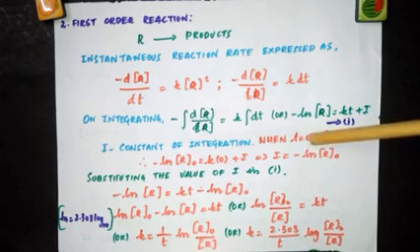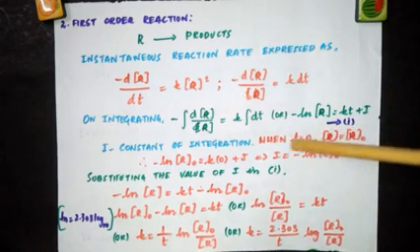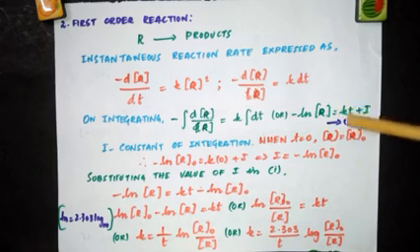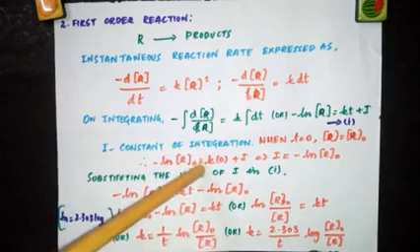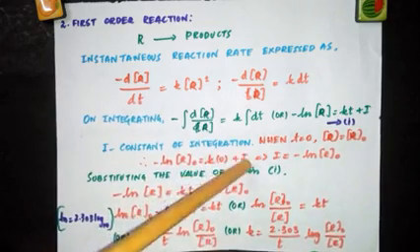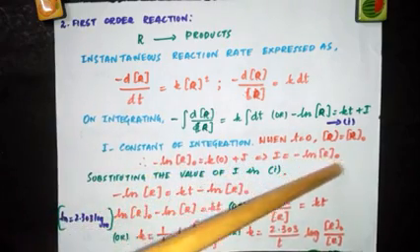See, when t is equal to 0, concentration of R will be equal to R naught. Now substituting these values in this expression, you will get minus ln R naught is equal to K into 0 plus I. So this becomes 0, and I will be equal to minus ln R naught.